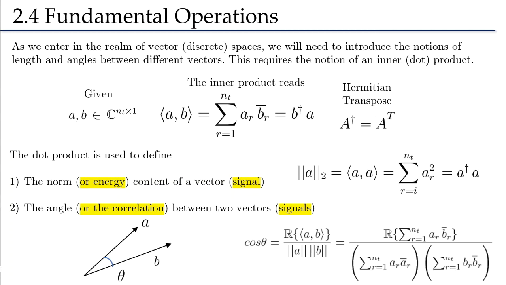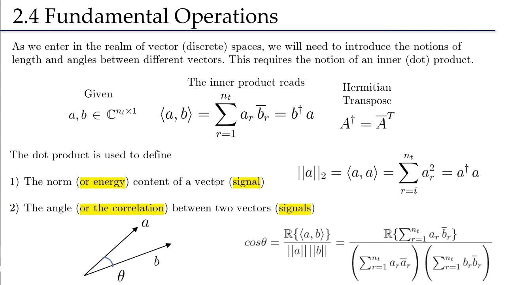This is a quantity that can go from -1 to 1. In signal processing, we call this correlation. So if we have a 0-degree angle, that is, the vectors are aligned, we will say that we are dealing with correlated signals. If the angle between them is 90, so the cosine is 0, then we talk about uncorrelated or orthogonal signals.